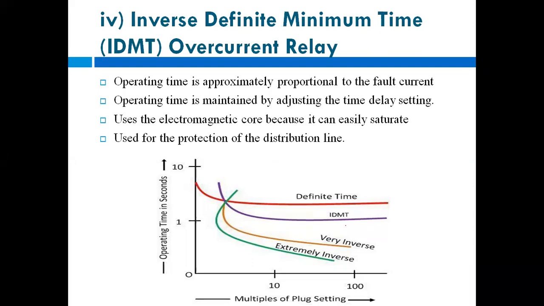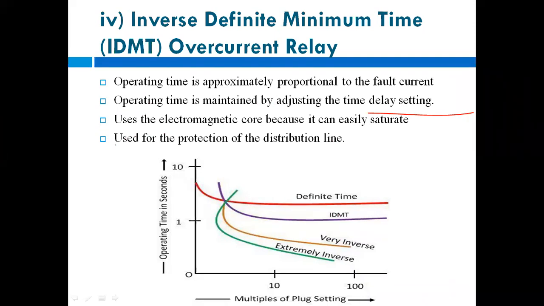Then the operating time is maintained by adjusting the time delay setting. We can also set the time by using the time setting. There is a time disk, so by using that disk we can set the operating time.